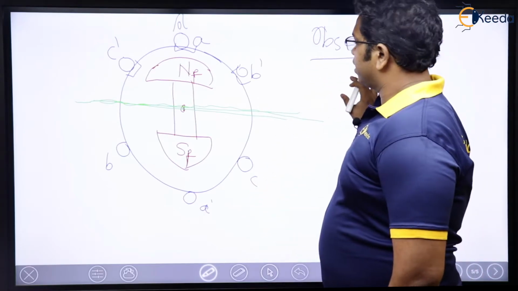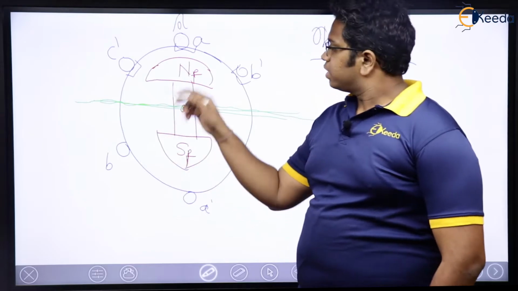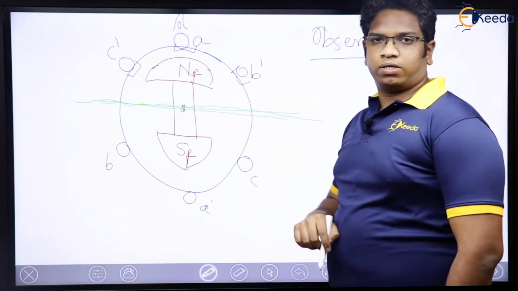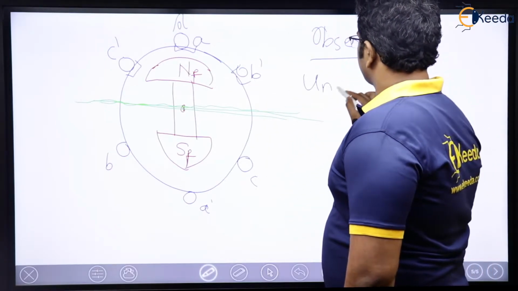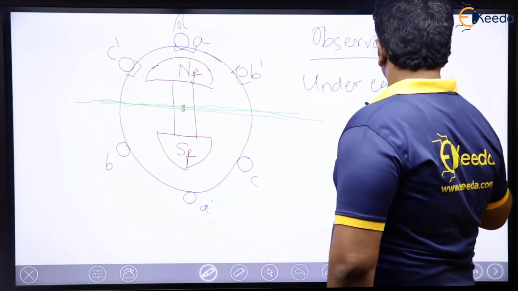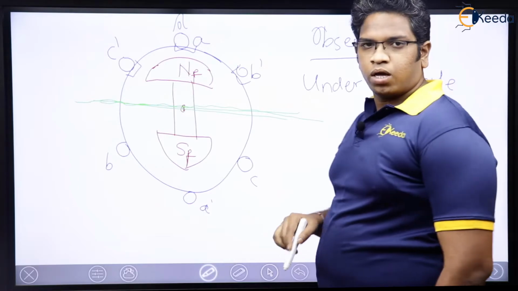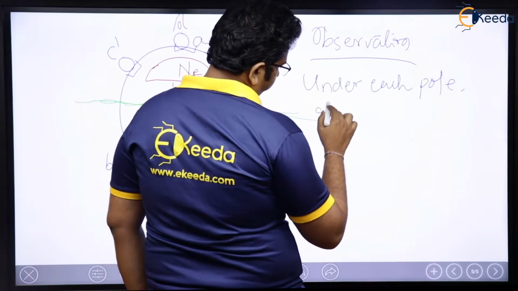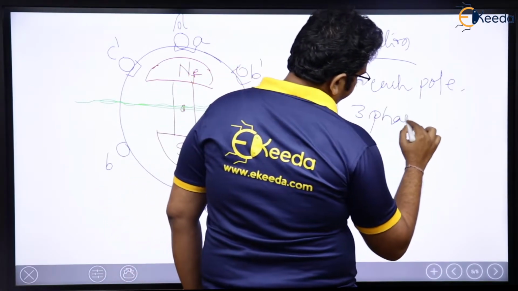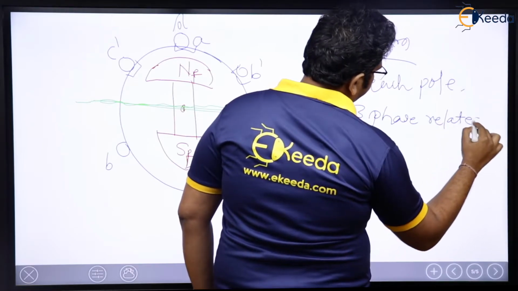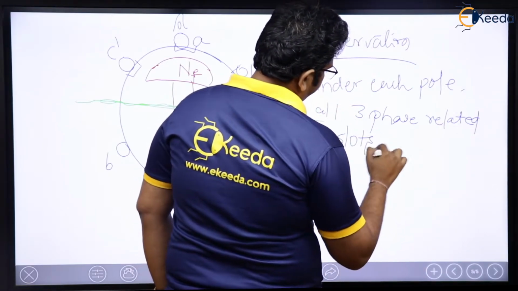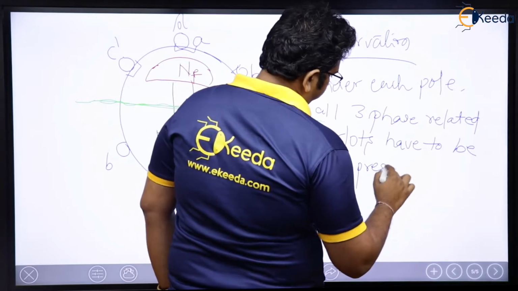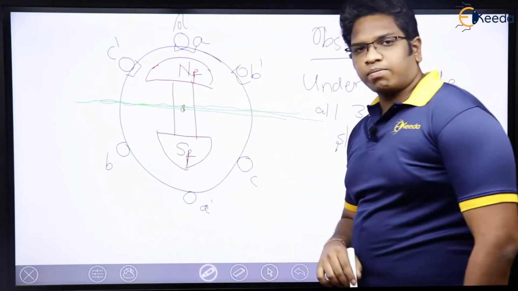So what do we get here? We have understood that yes, there have to be slots here. So I can say that under each pole, all three phase related slots should be present. Getting my point?